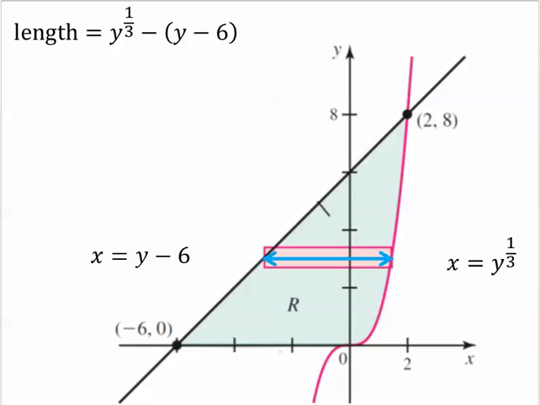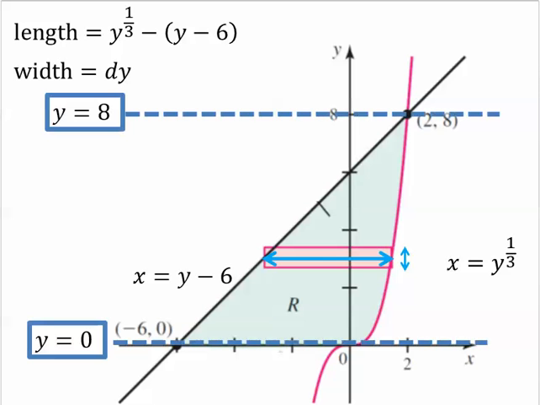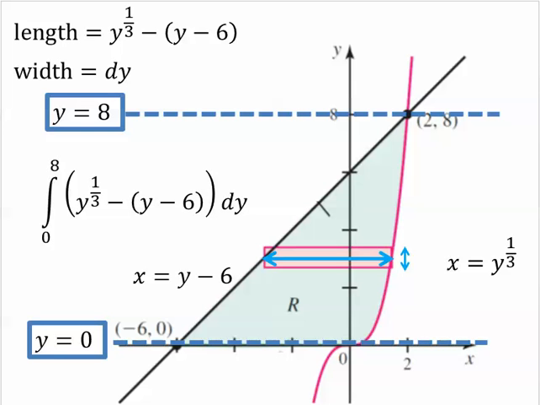The length of each rectangle is the curve on the right minus the curve on the left. The width of each rectangle is dy. And we're adding up rectangles from y equals 0 to y equals 8. So this is what our integral looks like.